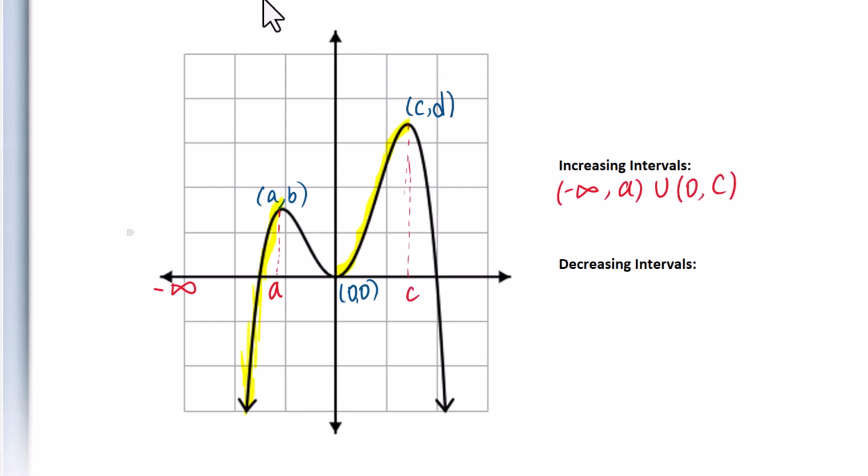When the graph goes down from left to the right, then this graph is decreasing. We have two parts of the graph decreasing: from A to 0, union from C to positive infinity.